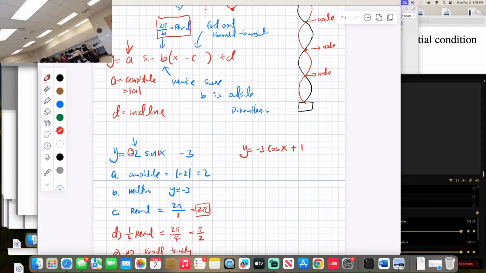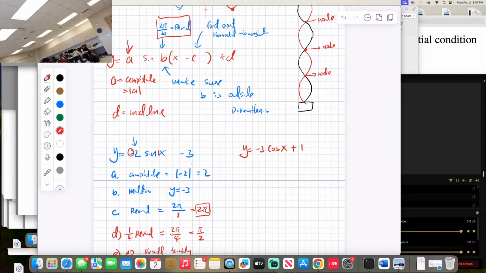Okay, what was the midline? Look, the midline is on the other one first. But it's negative. It does start at peak or trough, but in this case it's negative, so start at a trough.